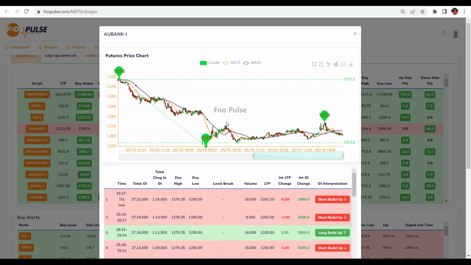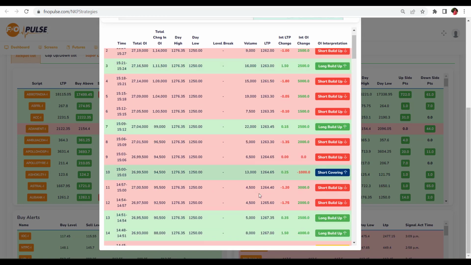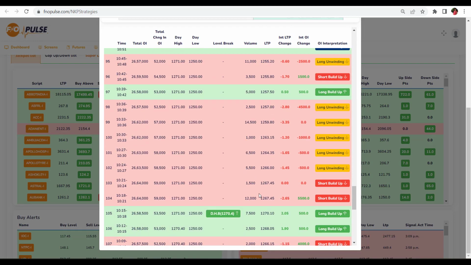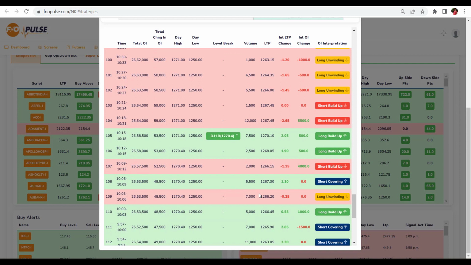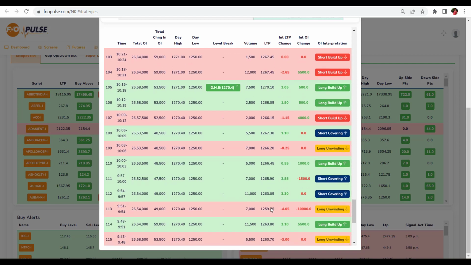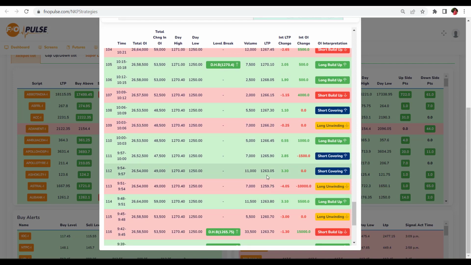The next stock is AU Bank. Here the entry is 1262 and the day high is 1276. In the same way, you can find at what time the 1262 got executed, around 9:54 to 9:57. So you will start your trade according to that and complete the trade.